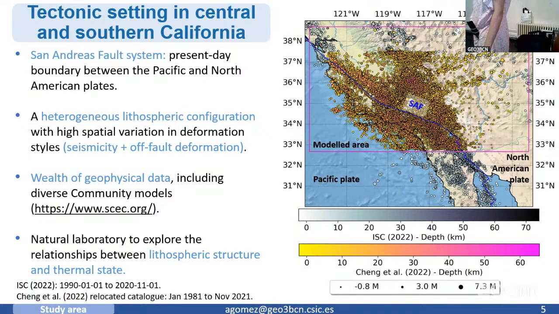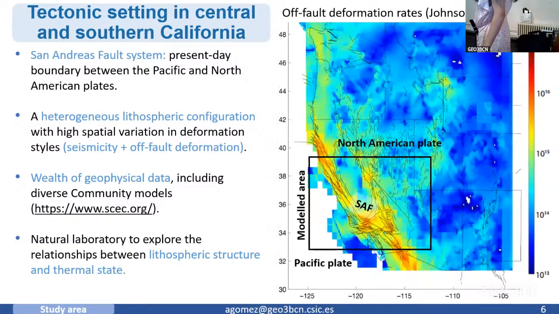In this region, we have a very heterogeneous lithospheric structure, which implies that we have not only a broad spatial distribution of seismicity, but also heterogeneous off-fault deformation rates, which is the map that I'm showing here. Off-fault deformation means the deformation that remains after removing what is due to the fault, right?